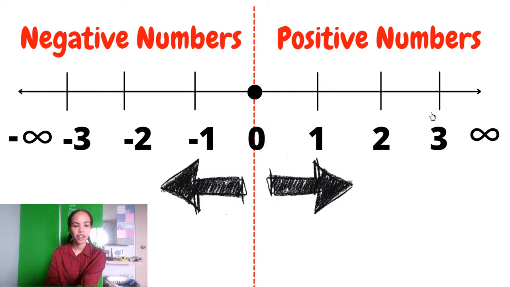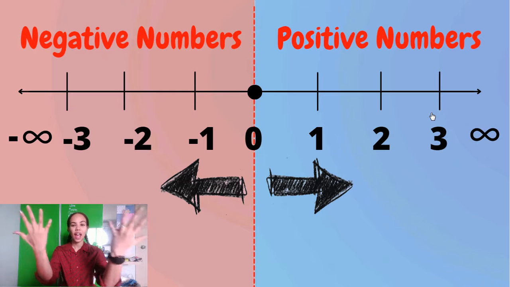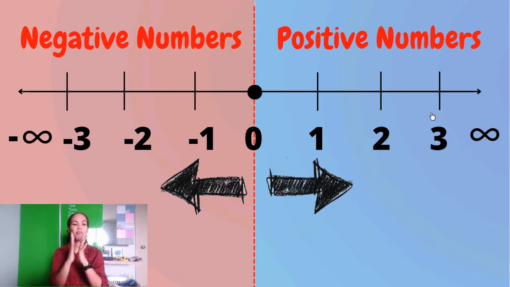Okay, here we go. As we know, we've got negative numbers on the left hand side of 0. So as you can see, if I were to split the screen, it looks like it's just a mirror image of each other. It's almost like a reflection, right? Like, do you guys remember reflective symmetry? It's the same here, where 0 is the fold and all the other numbers match perfectly, just the opposite sign.